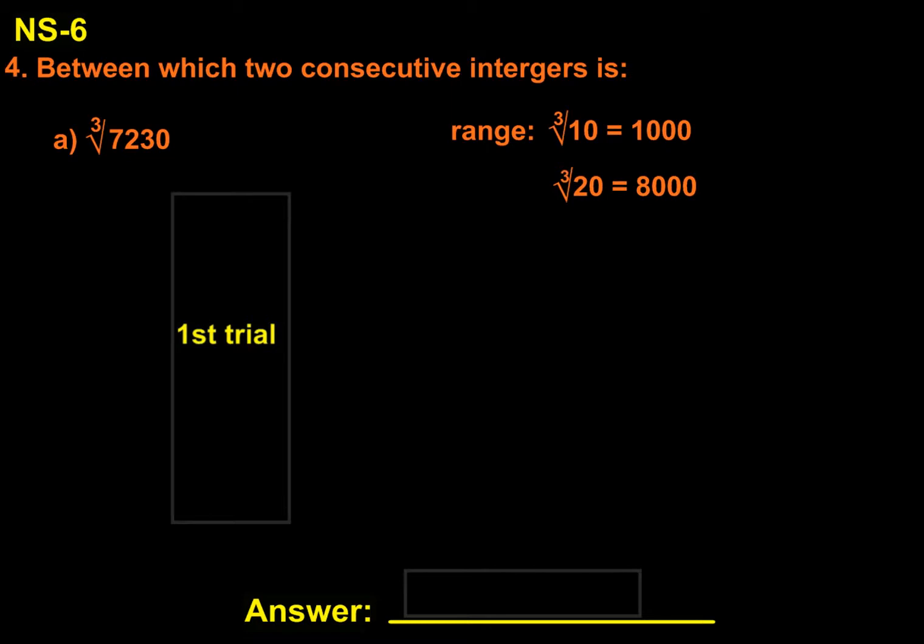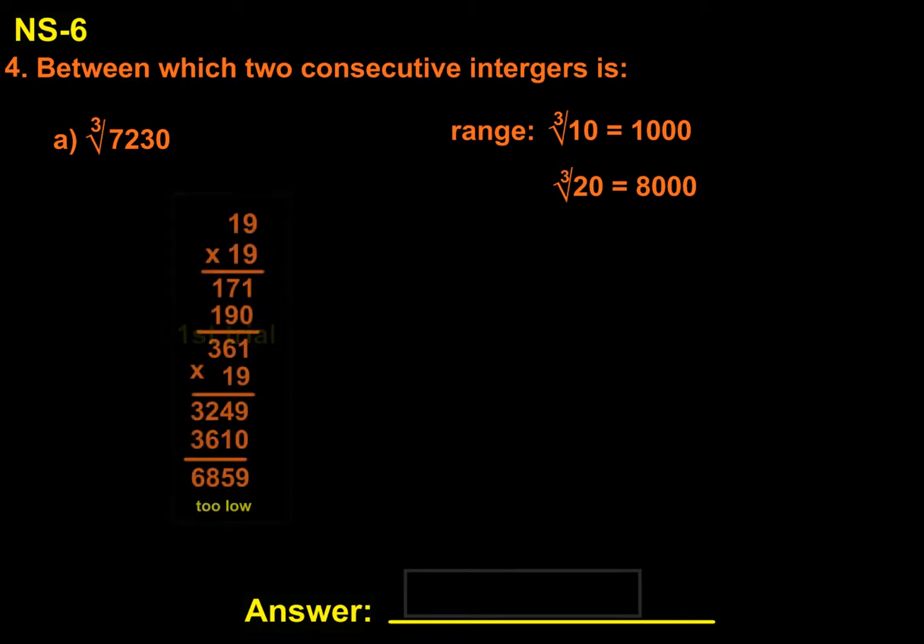A lot of the numbers that you're going to see are going to fall between these two, as does this. So we have 7230, and that falls in between, but it's certainly a whole lot closer to 8,000 than it is to 1,000. If 20 cubed is 8,000, I'm going to backtrack just a little bit and say 19 cubed is probably pretty close to this. To find it, I have to multiply 19 times itself, get an answer, and then multiply that answer by 19 again.